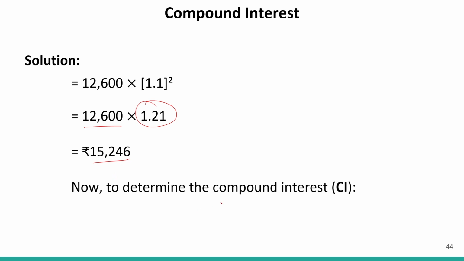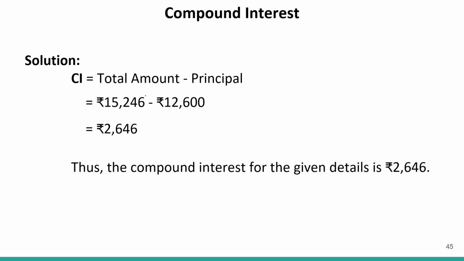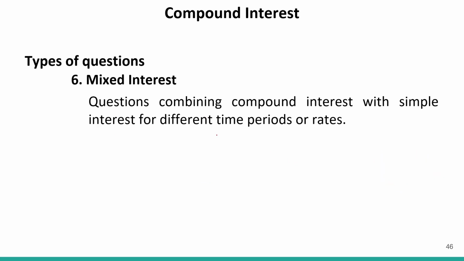Now to determine the compound interest CI, total amount minus principal is equal to 15,246 minus 12,600. That is equal to 2,646. So thus the compound interest for the given details is what? 2,646 rupees.